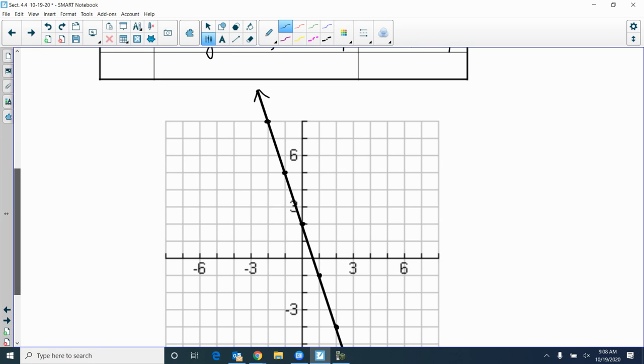I did this together. You said X squared has to look at what? I know what that is.